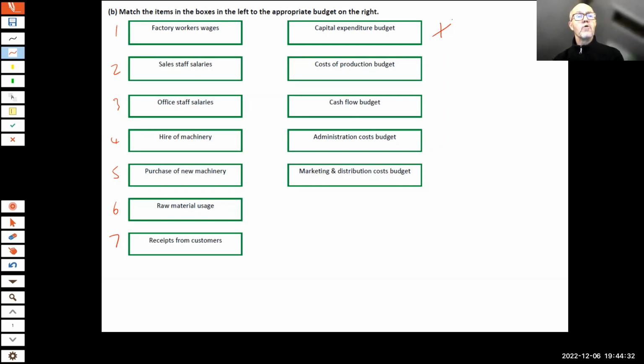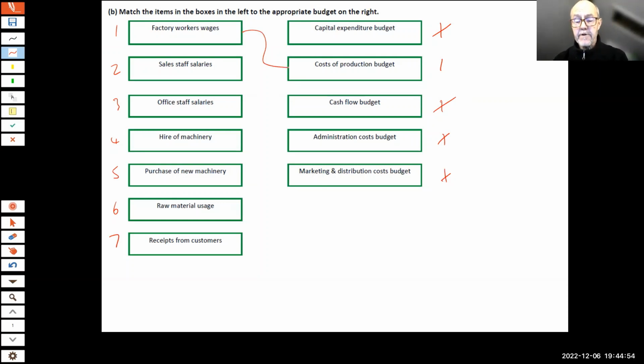Capital expenditure is, of course, non-current assets. Cost of production, well, that's a definite possible. Cash flow, not really directly. Factory workers aren't working in the office, nor are they actually selling the product. So there we go. Cost of production.